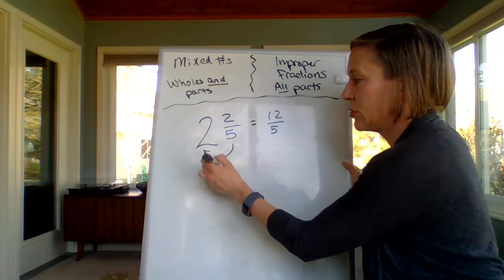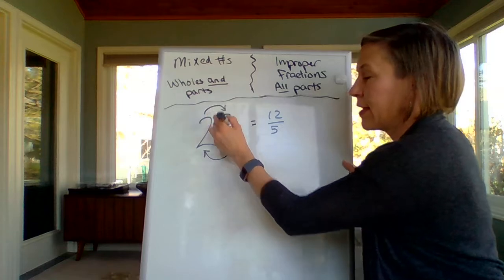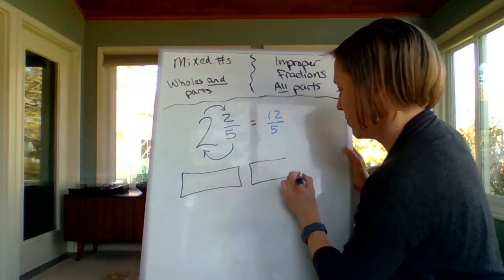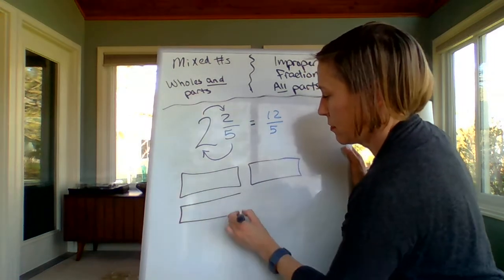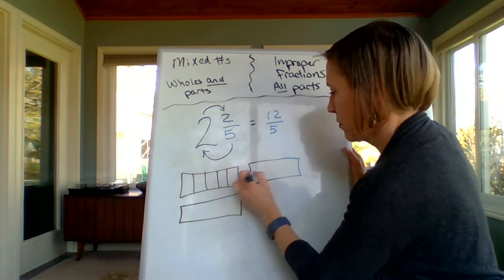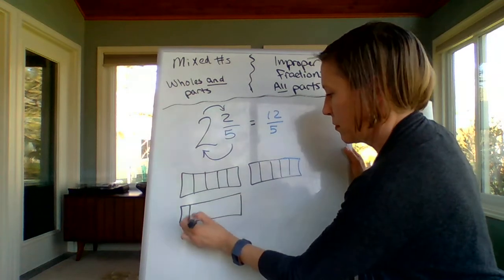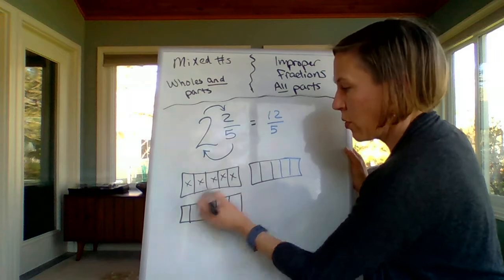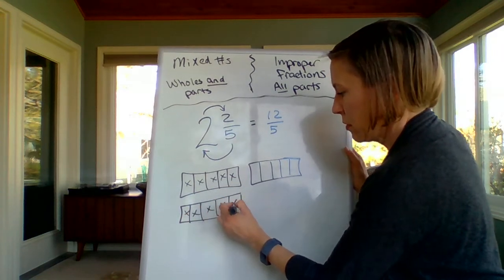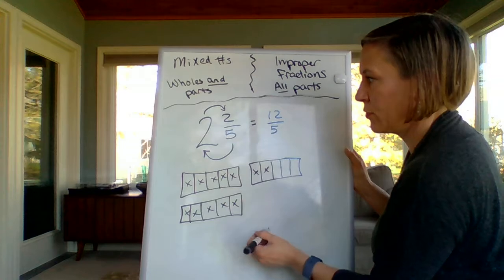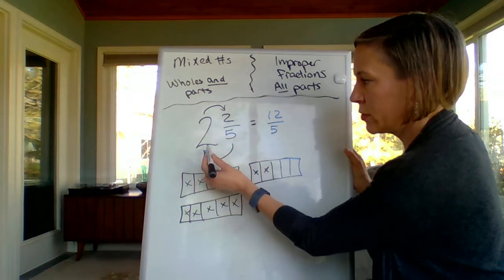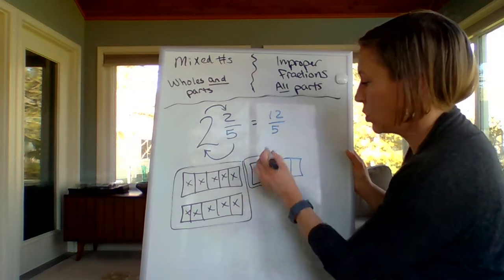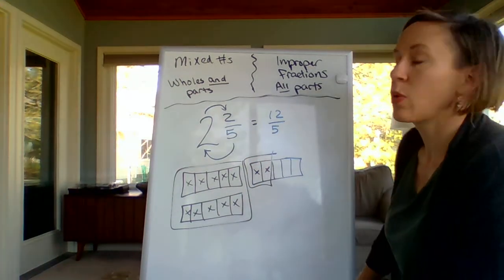Again, 5 times 2 plus the other 2 pieces. And if we look at that as a model, there's 1 whole, there's 2 wholes, and there's 2 fifths. Or 2 wholes with 5 pieces each, that's 10, plus 2 more pieces equals 12 fifths.